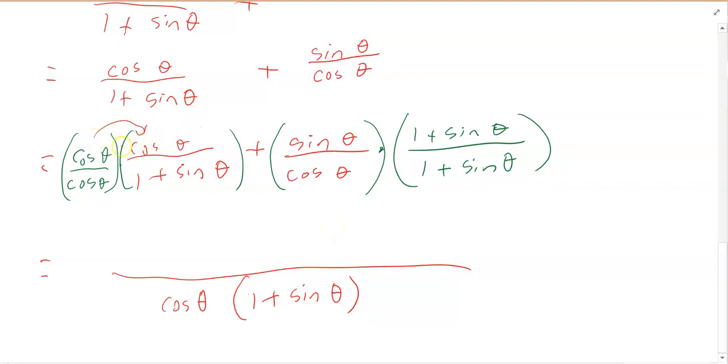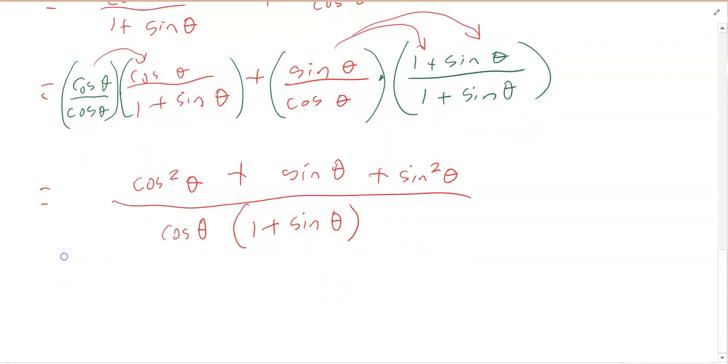We have cosine of theta times cosine of theta, which is going to be cosine squared theta. And sine of theta times 1 is just sine of theta. And then sine of theta times sine of theta is going to be sine squared theta. And so that is what is on the top.